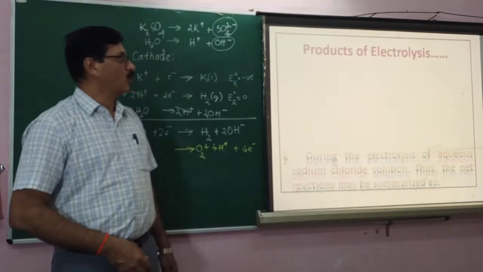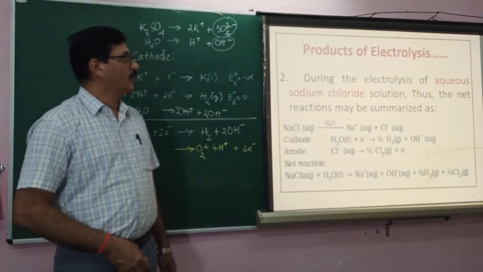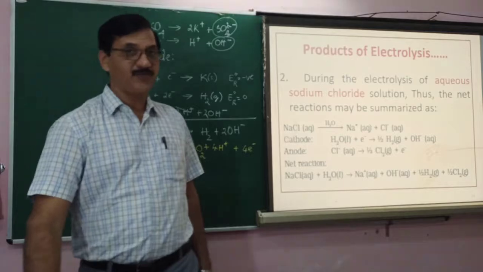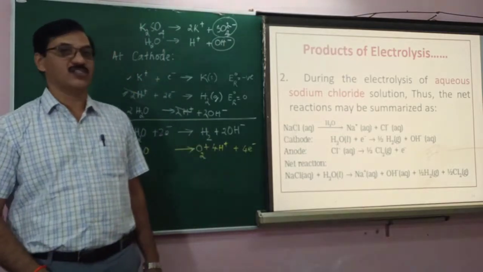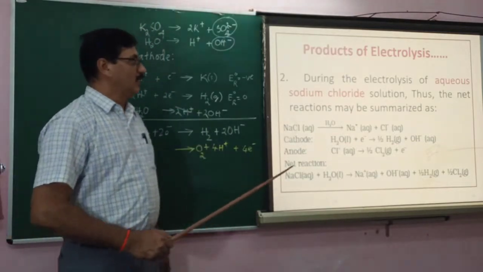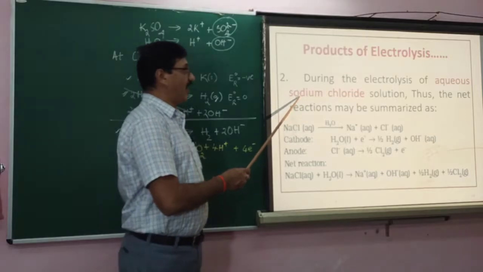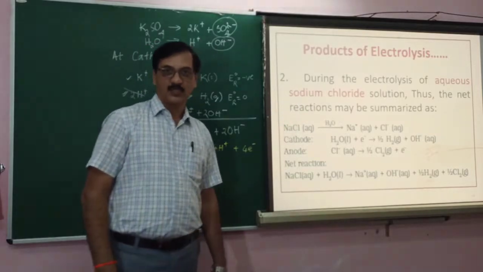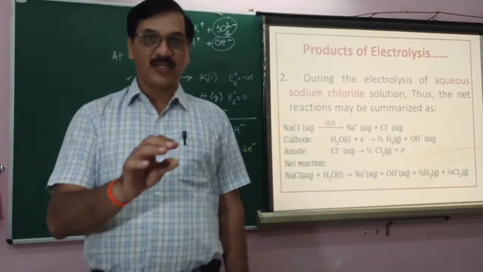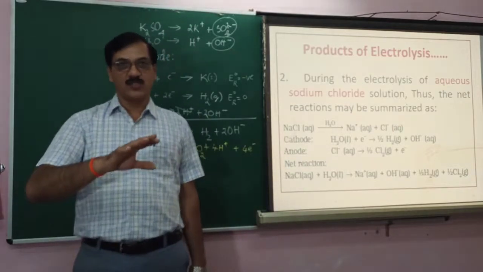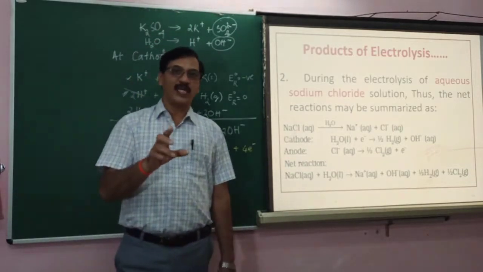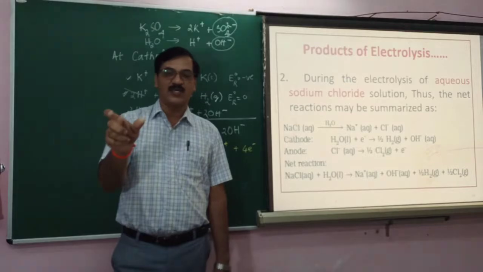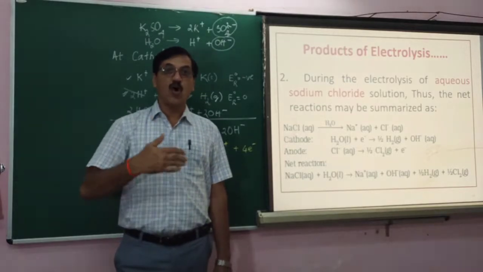Right? So again we will see the different products of electrolysis of different salts. During the electrolysis of aqueous sodium chloride, remember that there is a difference when you take molten and aqueous. In molten sodium chloride, only sodium ions and chloride ions are present, therefore there is no other option.